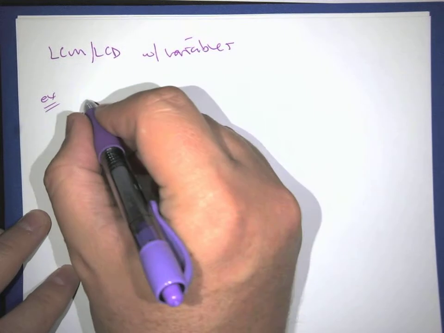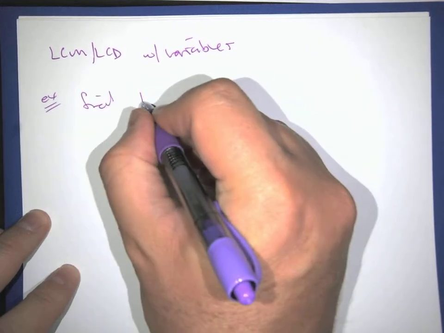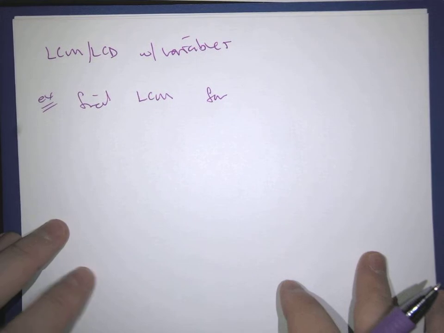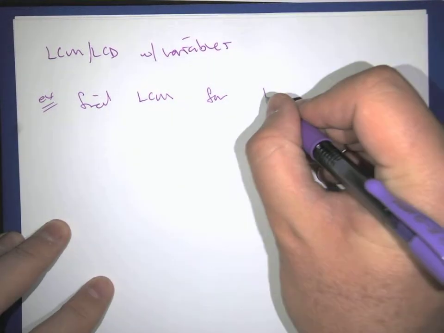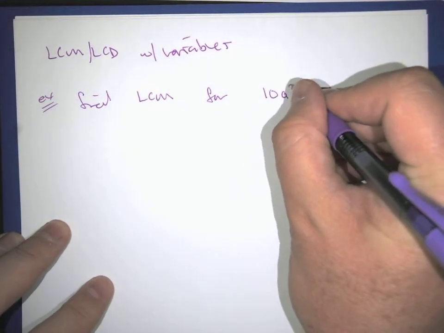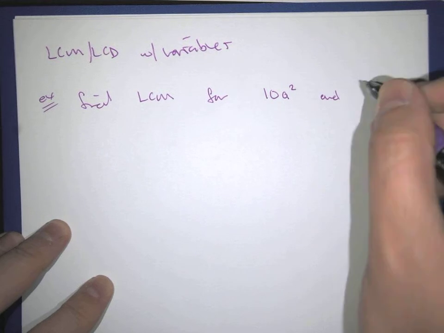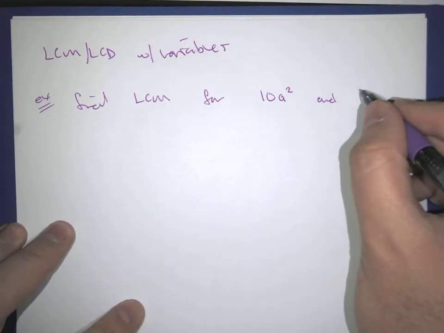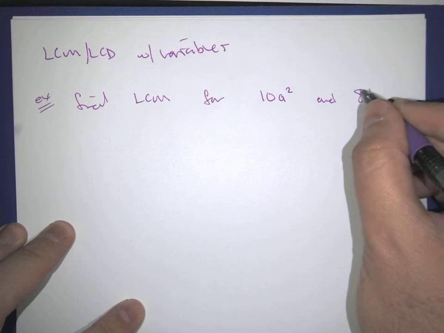So let's do, for example, find the LCM for, what should we do? How about 10a squared, and let's do something like maybe 8 times b.